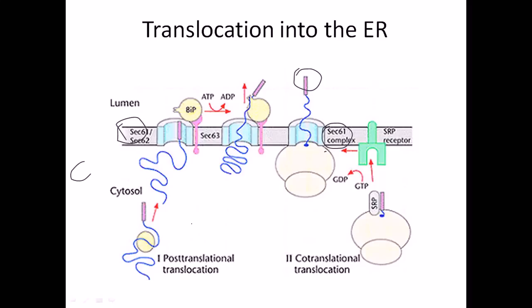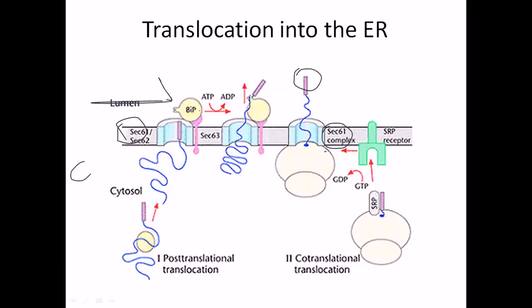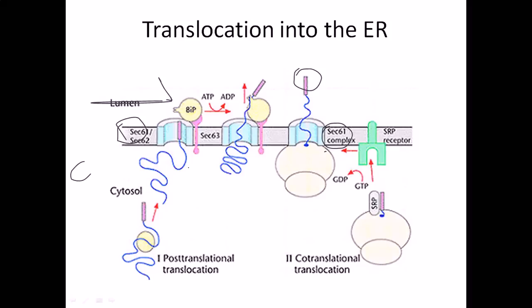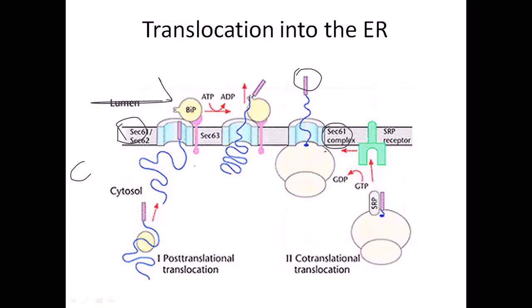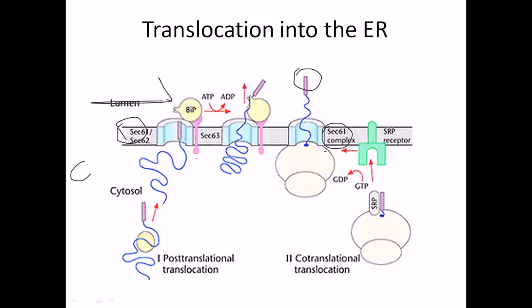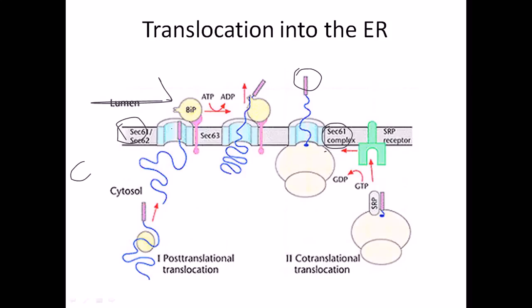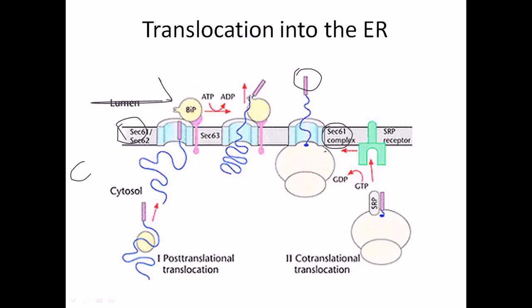BiP attaches to the nascent polypeptide and brings it to another protein called Sec63. Once they are bound with Sec63, they transfer this nascent peptide, actually the signal sequence, onto the Sec61, Sec62 complex.